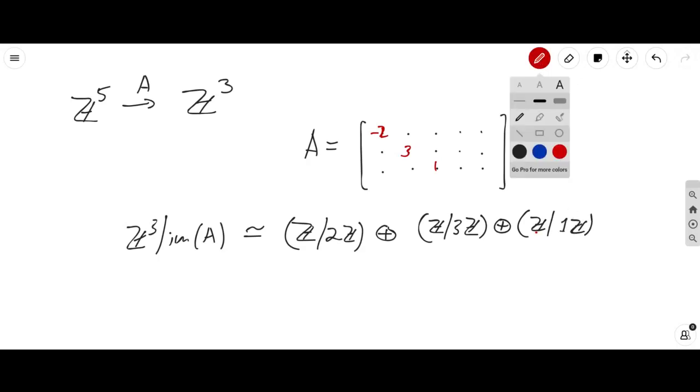So this one will drop out. This is just trivial, so it does not do anything for you. That would mean that this quotient, the co-kernel, would be isomorphic to that. So that's the way you do it when the matrix is in diagonal form. Now, what if the matrix is not in diagonal form?